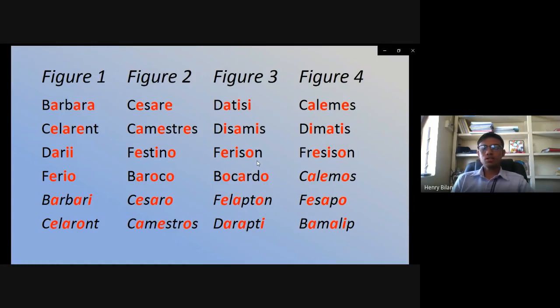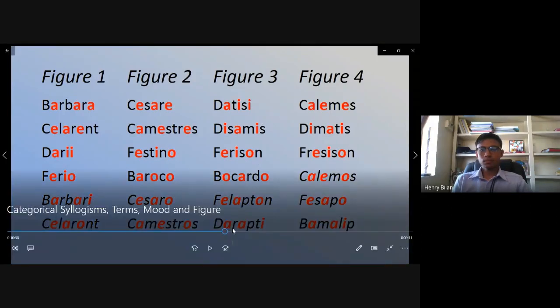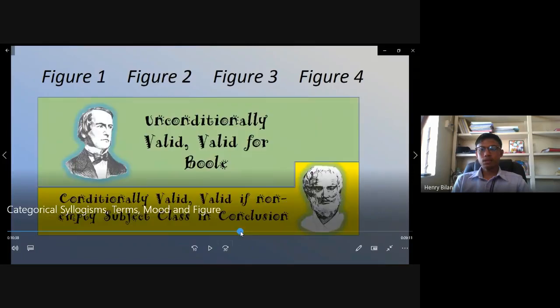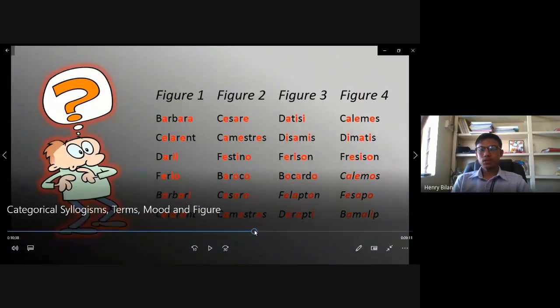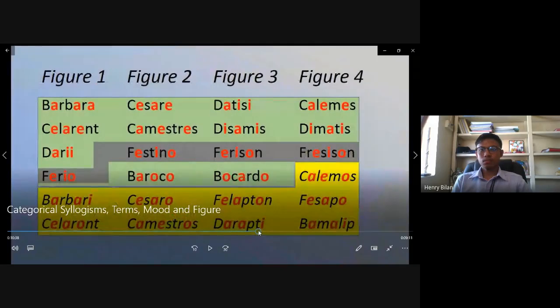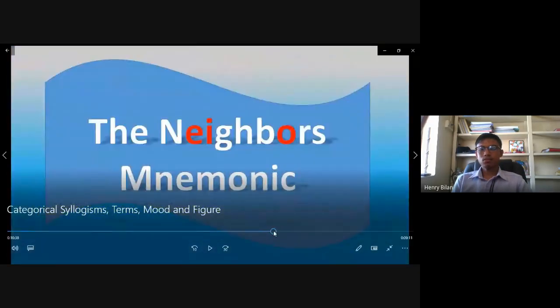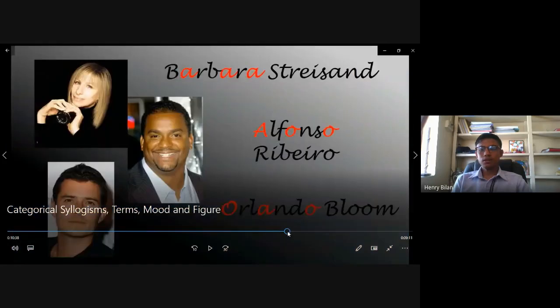We say that a syllogism is valid if it does not violate any of the rules mentioned. But if it violates at least one of the rules, then it is invalid. So napakadami nating combination ng syllogism, pero na-summarize na kung alin yung mga valid.